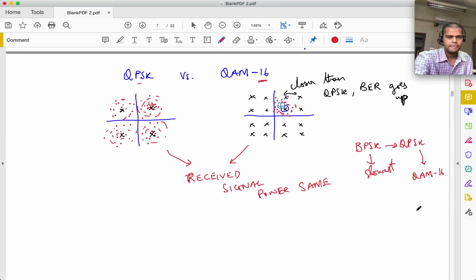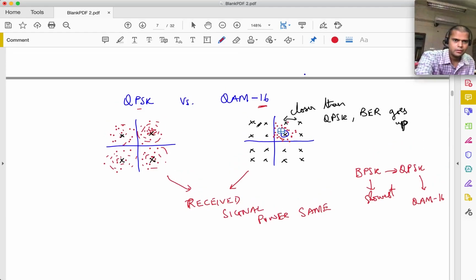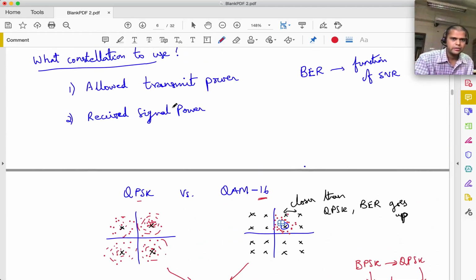So in general, you want to have the highest modulation scheme which meets the bit error rate criterion. Okay, and it depends on various factors. It depends on how much power I can transmit and the attenuation, because that really tells you what your received constellation point is going to be, and of course the noise power. So I should add here the transmit power, the received signal, which depends on the attenuation, and the noise.